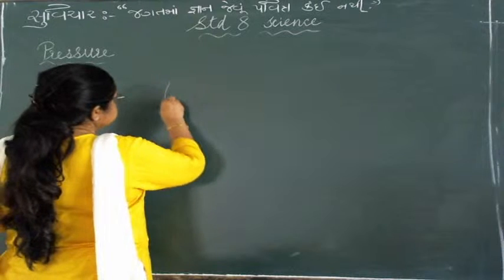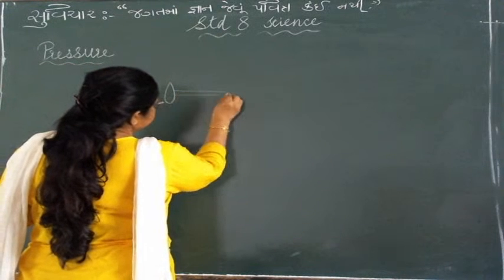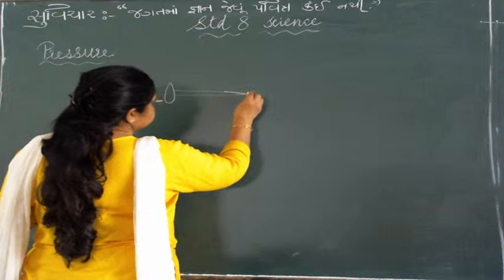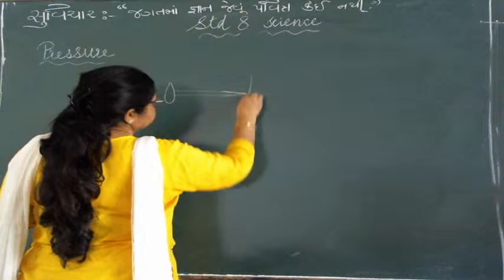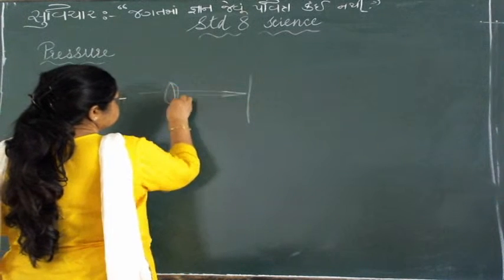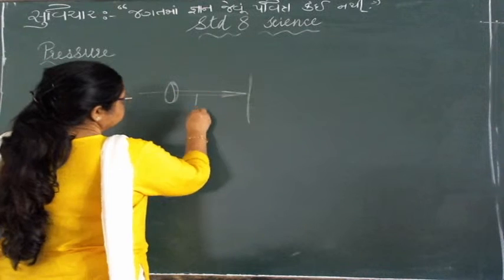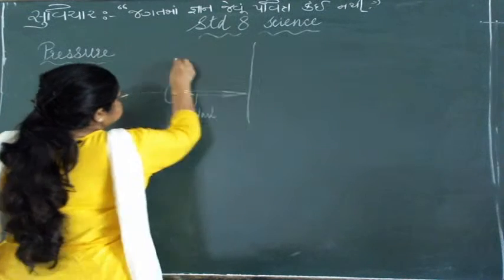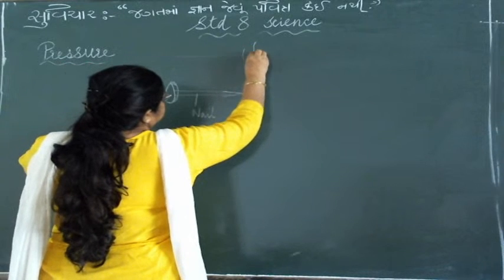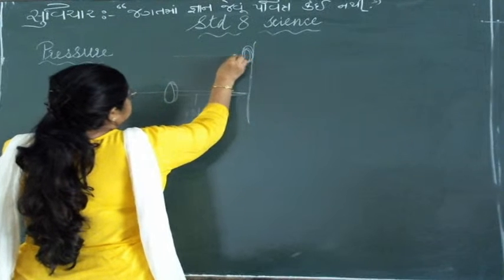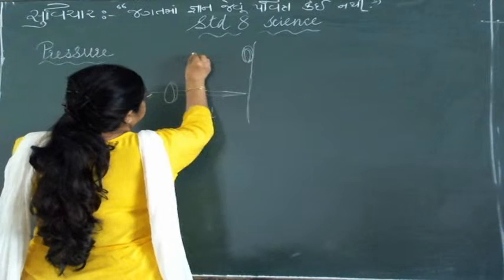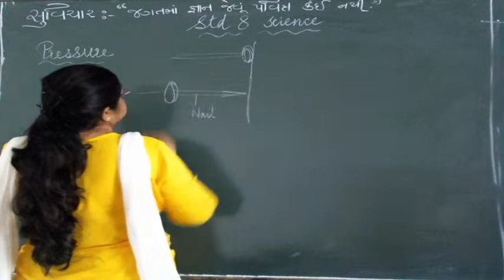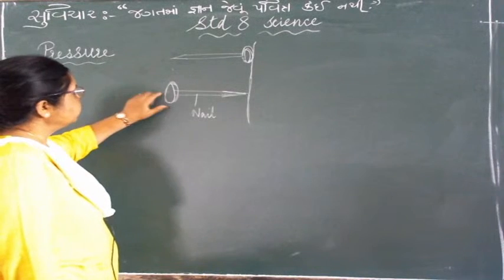When there is a nail and you press it into the wood, this is a nail, and if you press it upside down, suppose like this, you press here and you press here.